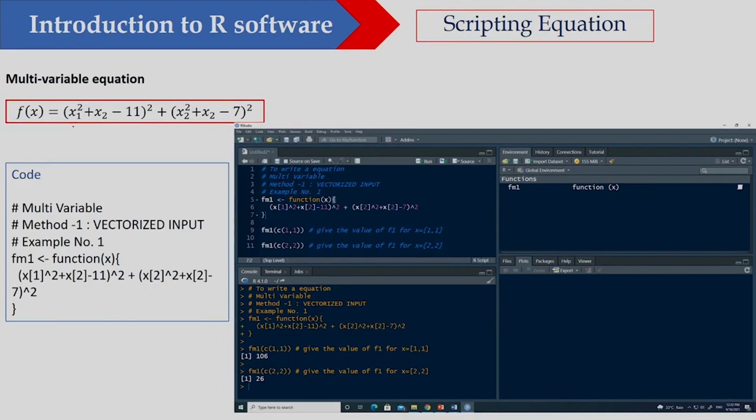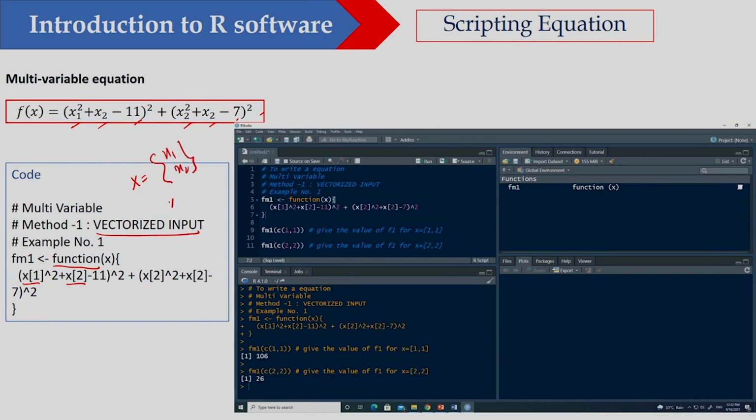Now let us see another multivariable function. The function is x1 square plus x2 minus 11 whole square plus x2 square plus x1 minus 7 whole square. I am defining it as a function, and here I have used vectorized input, that means x has x1 and x2.